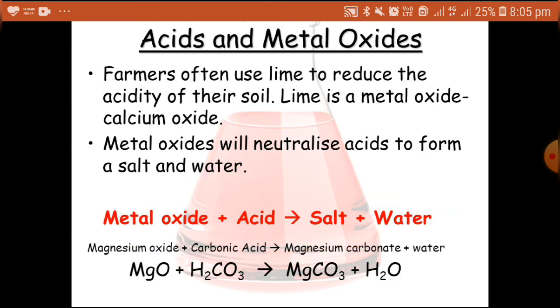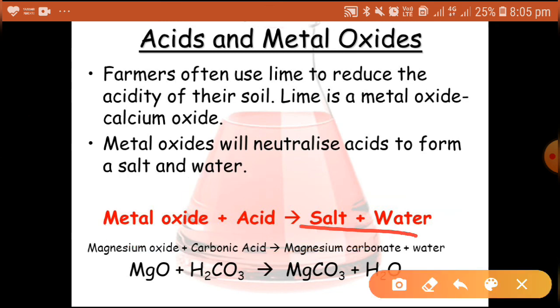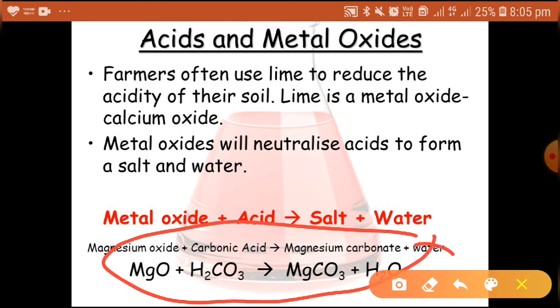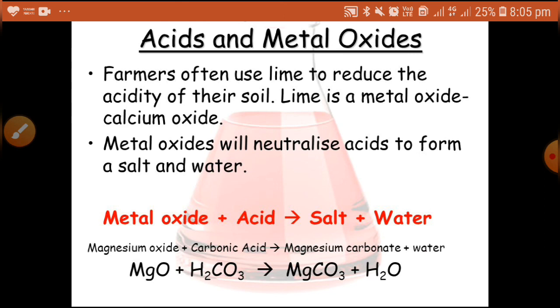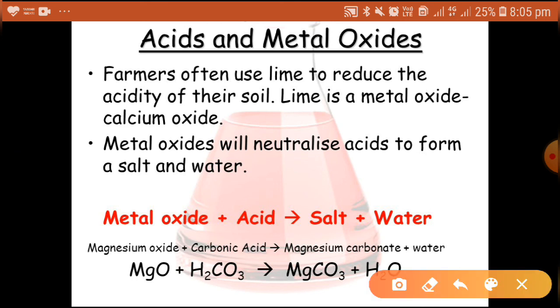So one more example is given at the bottom. Magnesium oxide when reacted with carbonic acid, that is H2CO3, will give magnesium carbonate plus water. So this is an example of double displacement type of reaction. You can see here CO3 having minus charge, and here Mg is having plus charge, O is having minus charge, H2 is having plus charge, and CO3.